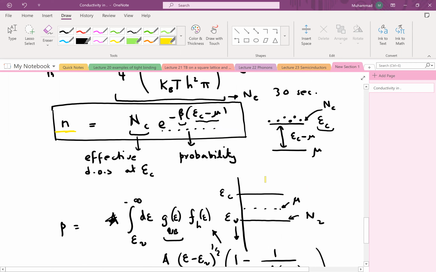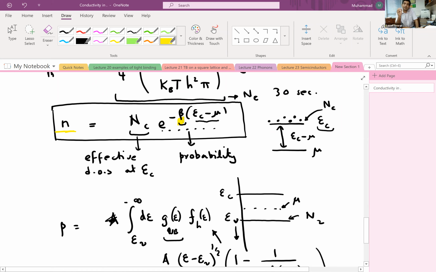Yes, because of this factor beta here. Can there be a temperature dependence in Nc? It's not pronounced. The more pronounced temperature dependence is in the exponential factor, as it should be.